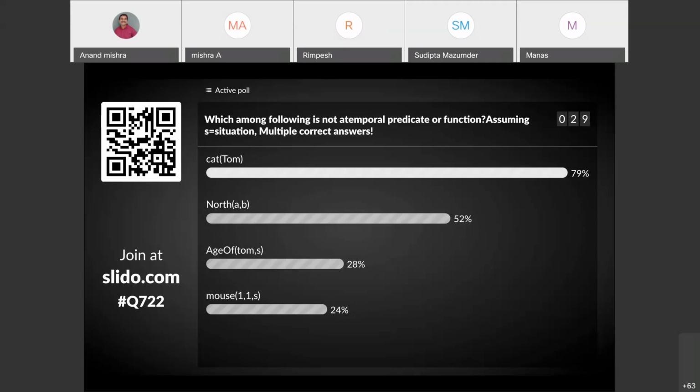But mouse, wherever S is there, that should not be the correct answer, because that is with situation, it will change. So atemporal predicates are something which are independent of situation. If a location A is north to B, that's independent of situation. But if something is dependent on situation, that's not going to be atemporal.